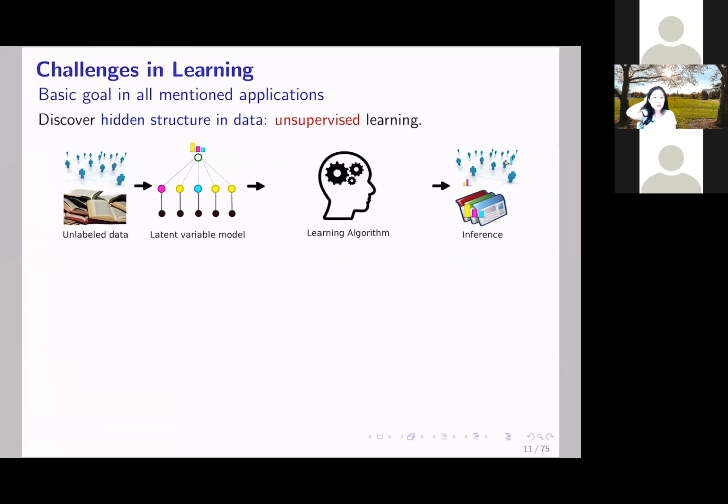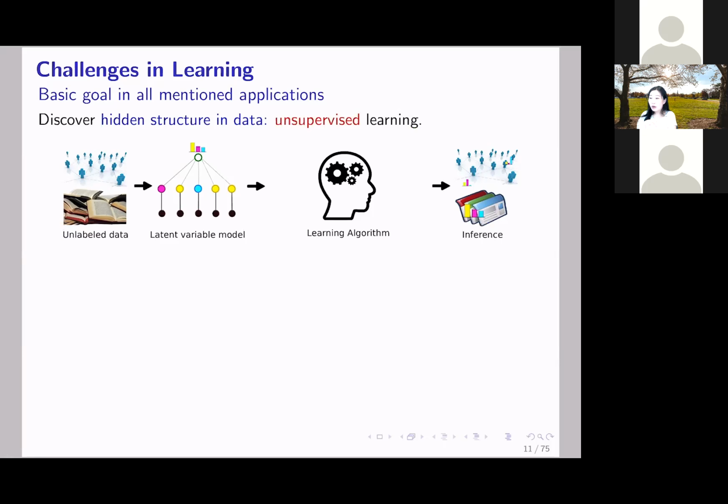So this talk covers the basic mixture model and some advanced models. Before that, what are the challenges in learning, right? We talked about the challenges in learning for general graphical models, but even for the basic goal in these mentioned applications, there is this interesting component of discovering hidden structure in data. So what does that mean?